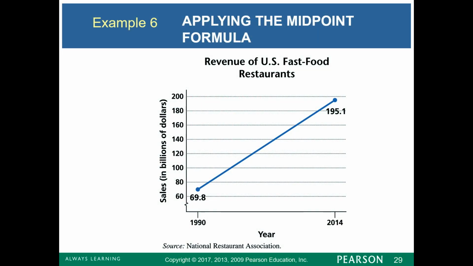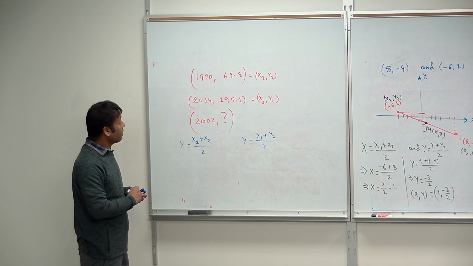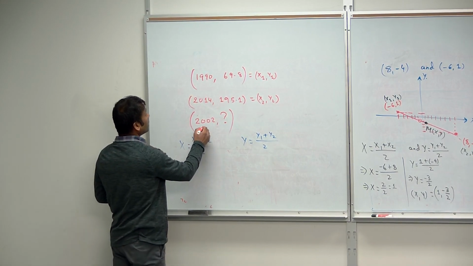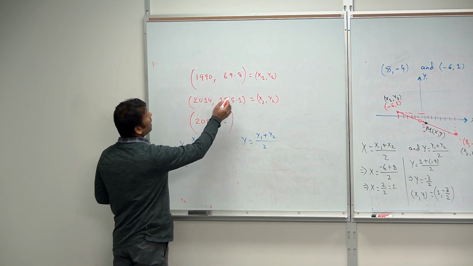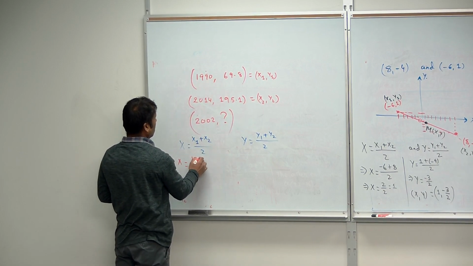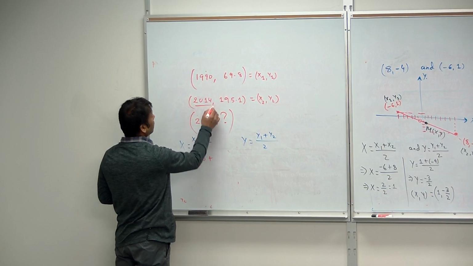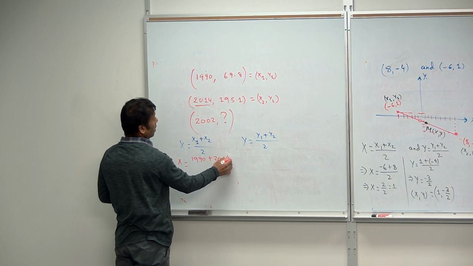So if you want to find the midpoint, you know the formula: x equals x1 plus x2 over 2 and y equals y1 plus y2 over 2. Are you with me? Let me find out, what is x1? 1990 plus x2, 2014, over 2.